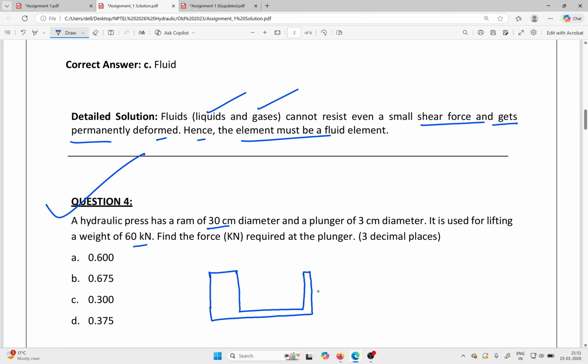So this is your 3 centimeter diameter and this is your 30 centimeter. It is used to lift a weight of 60 kilonewton. Find the force required at the plunger. So on this side you need the required force F, and on this side you need to lift 60 kilonewton.